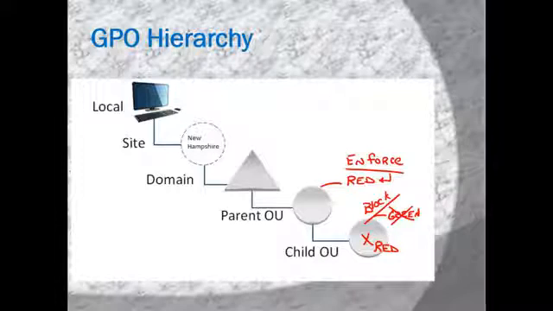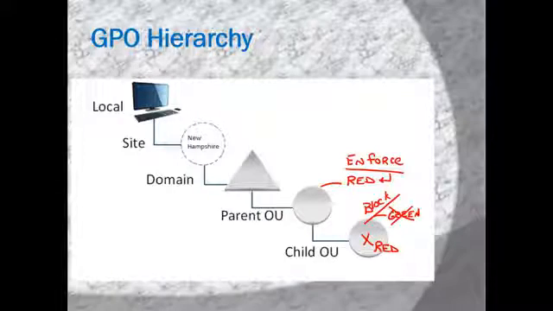So when you set up your corporate hierarchy, because again, normally you just set up on your sites, domains, or OUs, by default, the child GPO is always going to take precedence over the parent GPO. But again, if the parent sets the enforce, then the parent GPO will win.